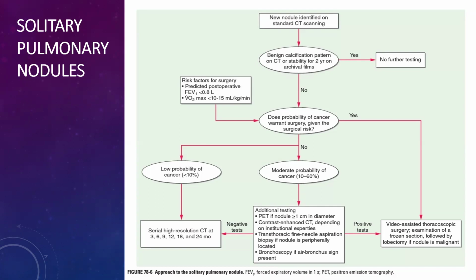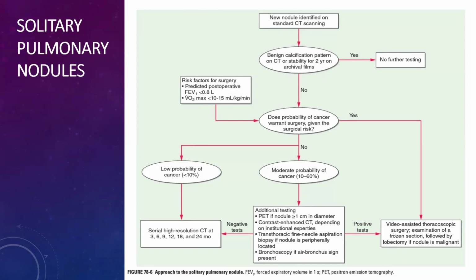However, if you don't have those benign patterns, then you have to check the risk of the patient developing lung CA. If you classify the patient as low risk, then we just do serial high resolution CT scans. We repeat the scan at 3, 6, 9, 12, 18, and 24 months, just to monitor the size of the nodule, if it's increasing in size, or if it develops patterns of calcification.